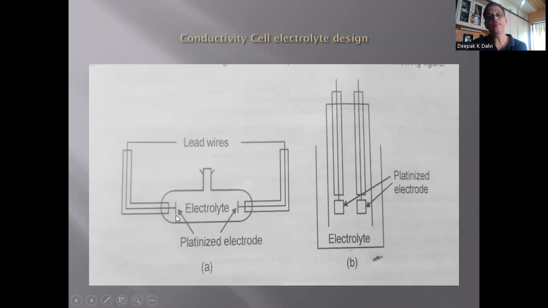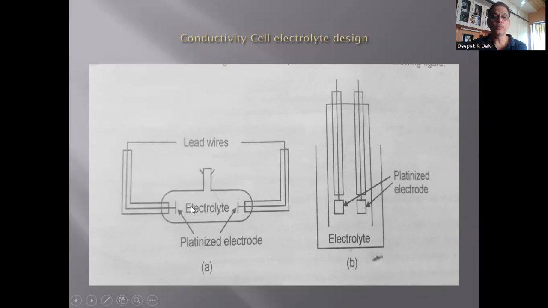There should be something to collect those ions in the form of electrons, positive and negative. So the design of a plate is given. Here it is a plate, a platinized, platinum-coated plate, at these two lead wires.